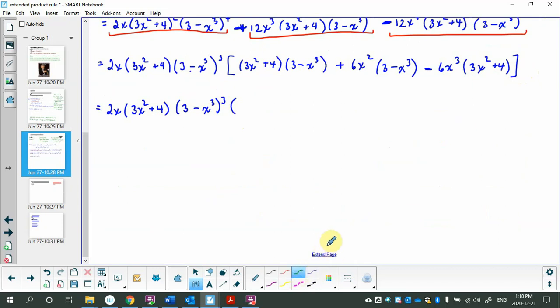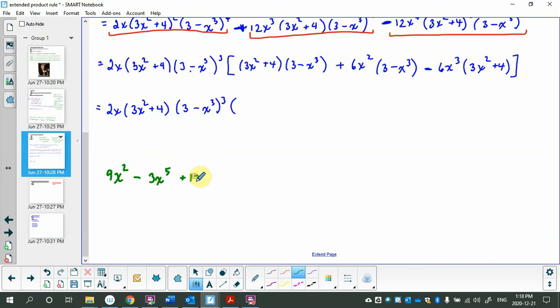So green, going rogue. 3x squared times 3 is 9x squared. 3x squared times negative x to the 3 is negative 3x to the 5. 4 times 3.